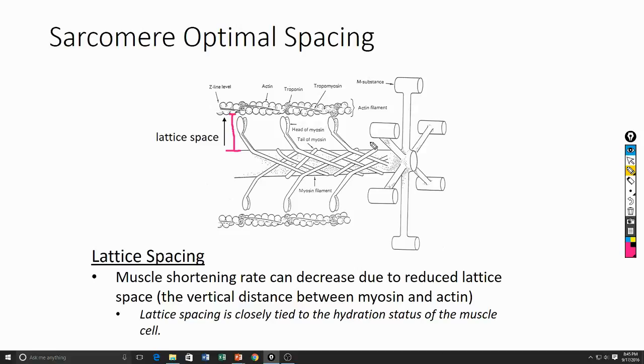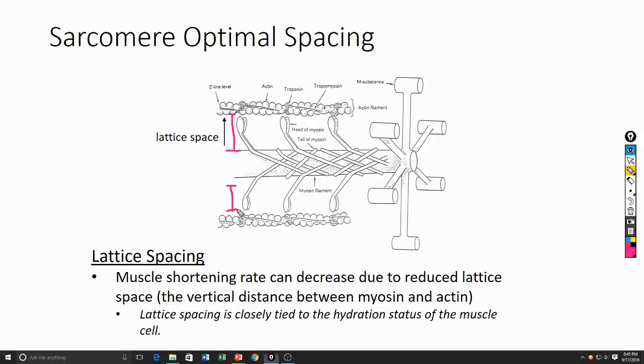If you're very dehydrated, dehydration means that your cells don't have as much fluid inside of them as they would like. They're less than optimally hydrated. If you have less fluid, then everything inside of that cell kind of shrivels up a little bit. It becomes a little closer together. And as a consequence, you would see a reduction in lattice spacing.